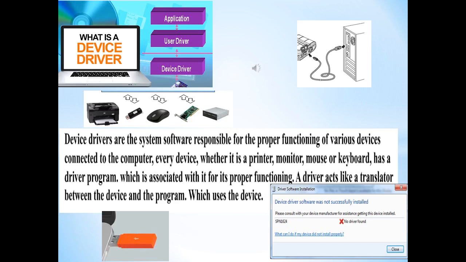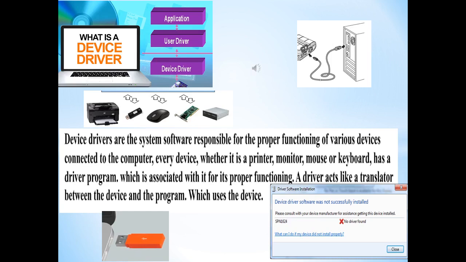First one, device drivers. The device driver is used for proper functioning of various devices connected to the computer, like printer, monitor, mouse or keyboard. For these, a device driver is a must.